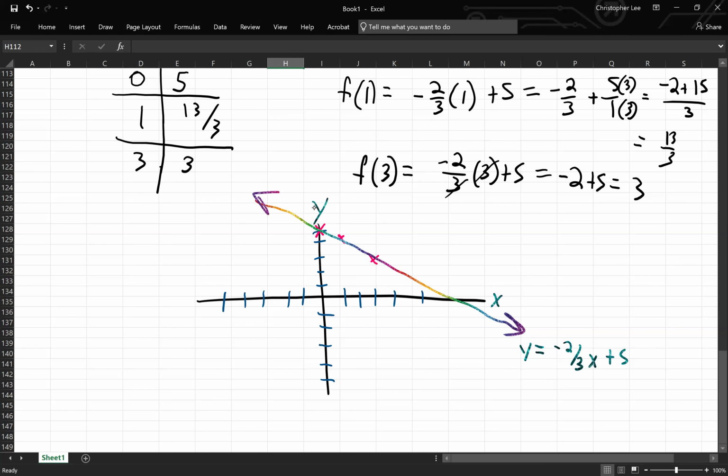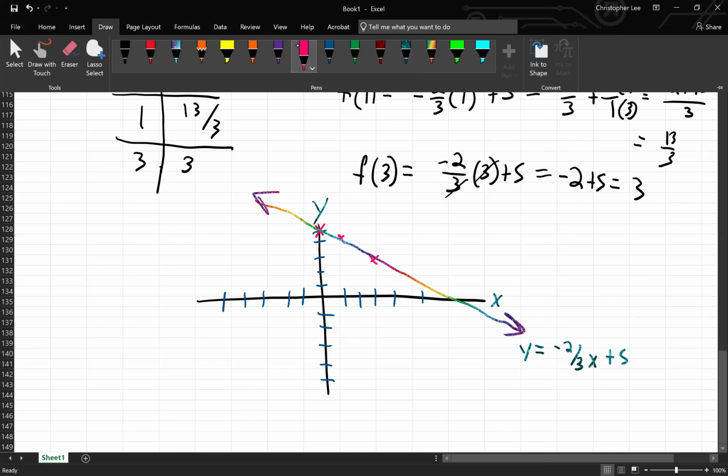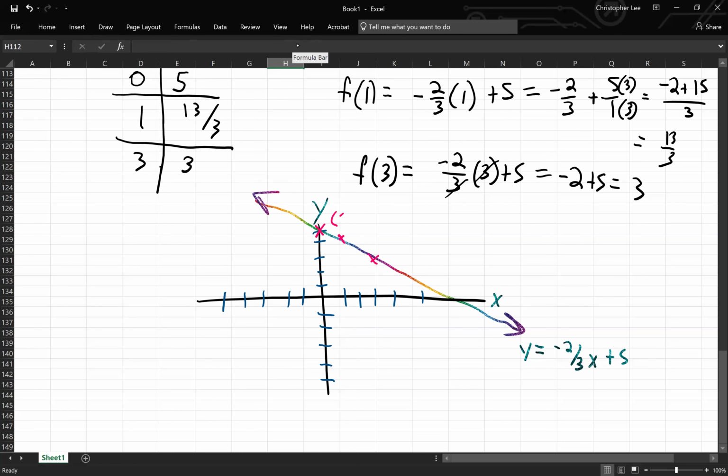You can even put the points, what they are. This would be 0, 5. This would be 3, 3. This would be 1, comma 13 over 3.